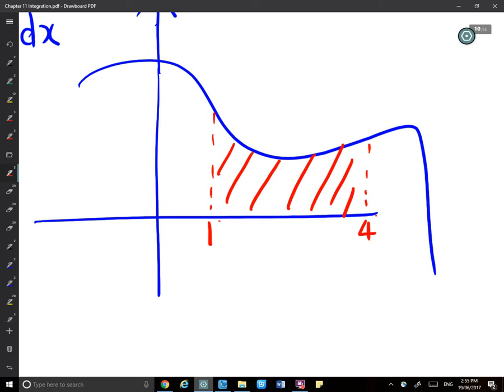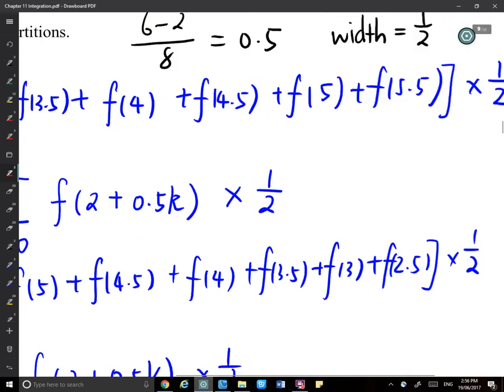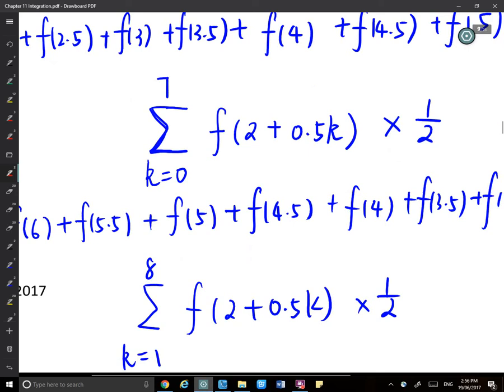Do you agree with that? If I use infinitely many rectangles, as small as lines, that will be the true area. So therefore, the sum sign on the top will tend to a very, very large number, like infinity.